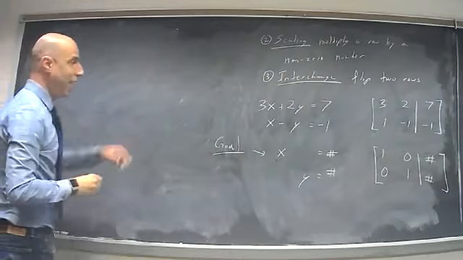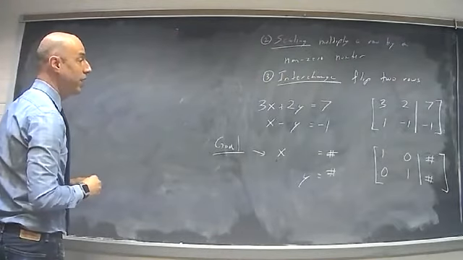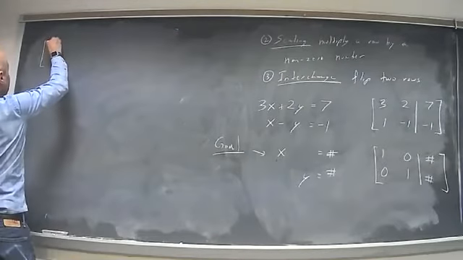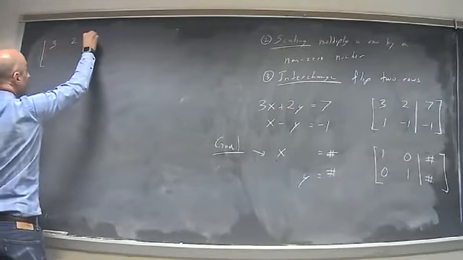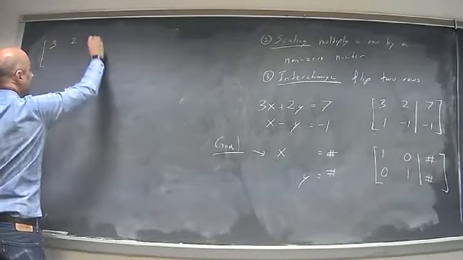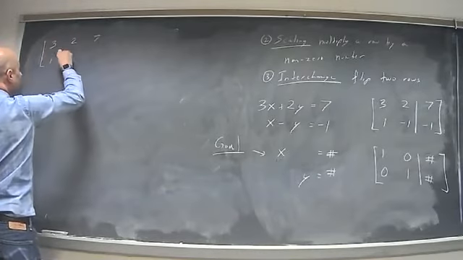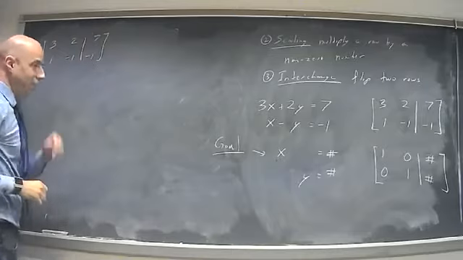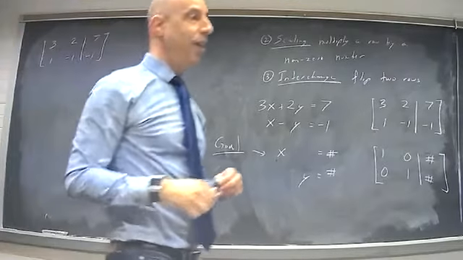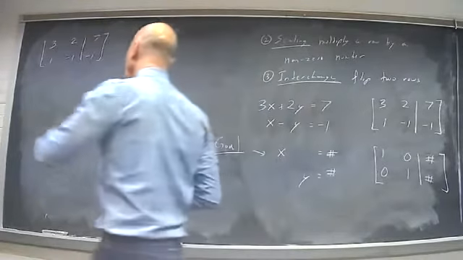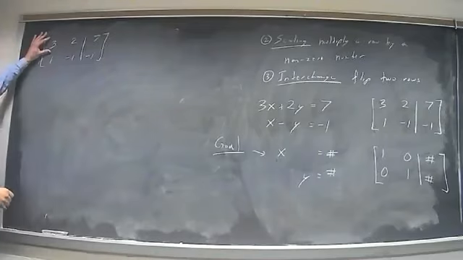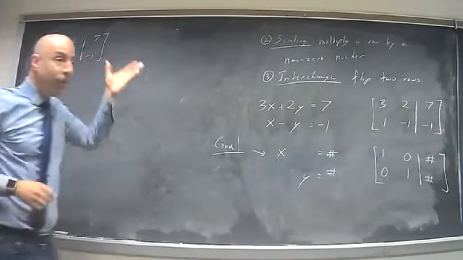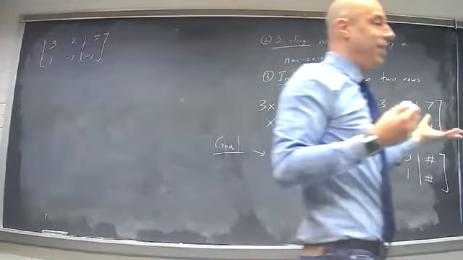So let's start off with the matrix that I have, 3, 2, 7, 1, negative 1, negative 1. I'm going to put the vertical bar right there. And I want to try to get a 1 in the upper left-hand corner. There are multiple ways I could do that.